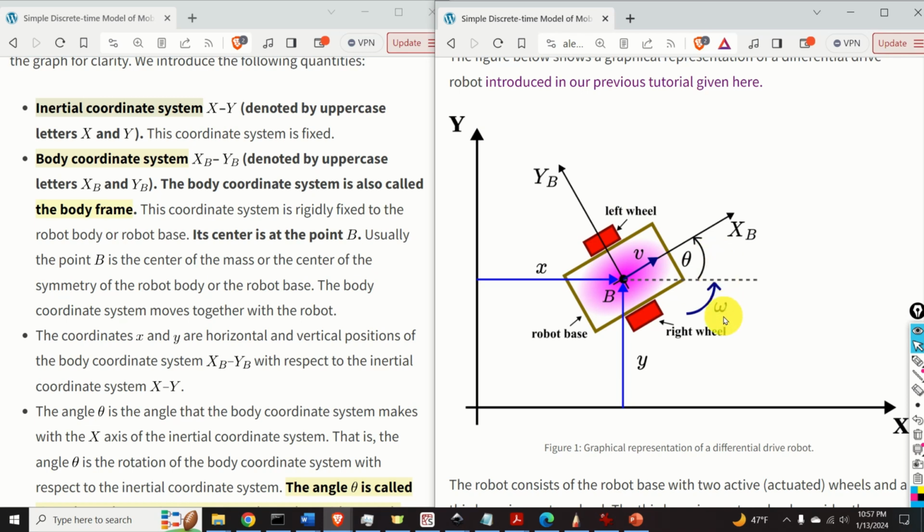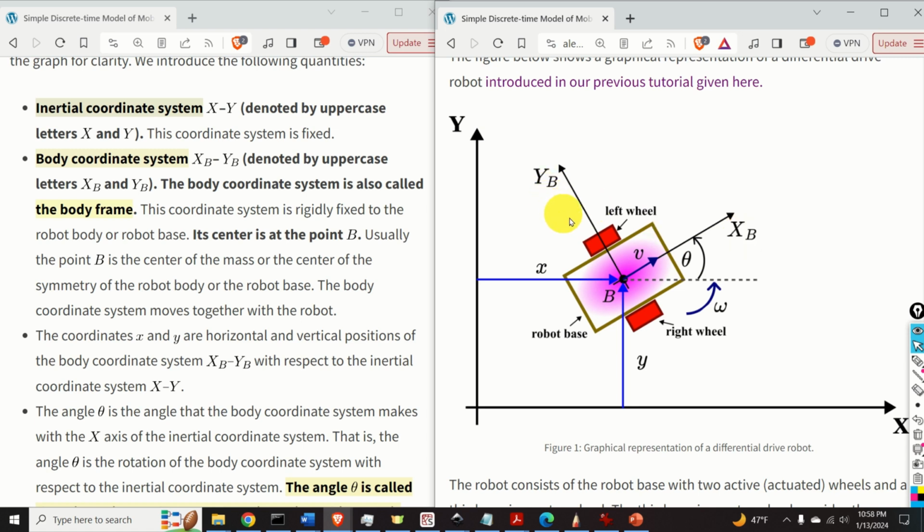We have two coordinate systems. The coordinate system, capital X and capital Y, is the so-called inertial coordinate system. This is a fixed coordinate system, that is, this coordinate system doesn't move. Then we have the second coordinate system called the body coordinate system. It is the coordinate system with XB and YB axes.